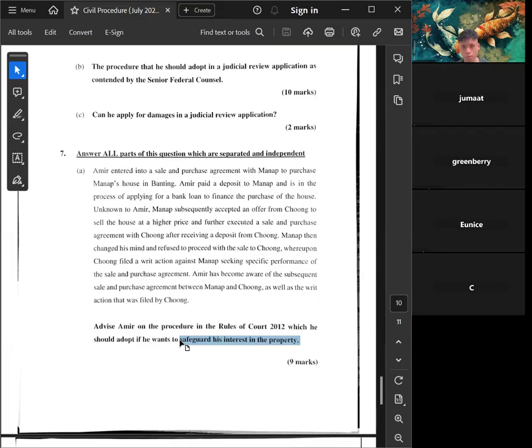Because the problem is here, the keyword, to safeguard the interest in the property, so that anyhow he still can have some interest, he still can safeguard his right.